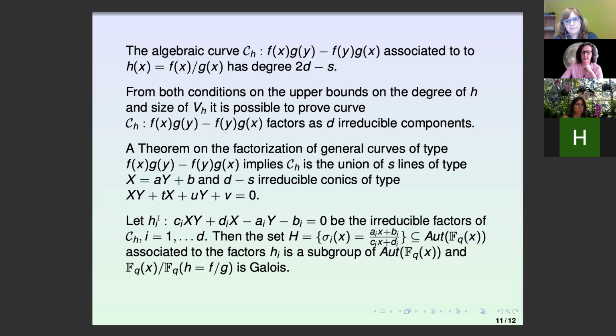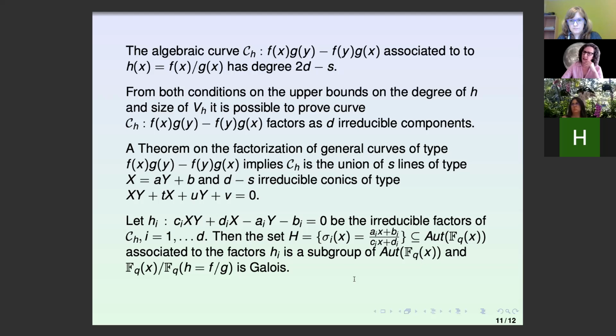So suppose that these are all your irreducible factors, H_i for i from 1 to D. So you have here lines and conics. From the other theorem, we have that this set is a subgroup of automorphisms of the rational function field, a subgroup of PGL_2(Q).